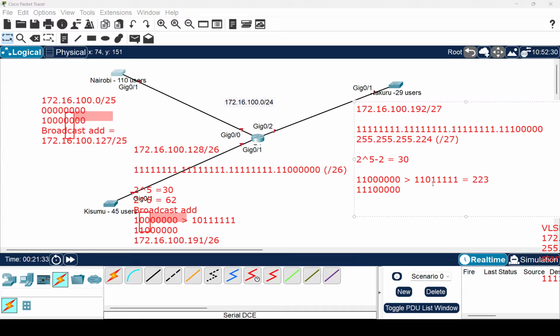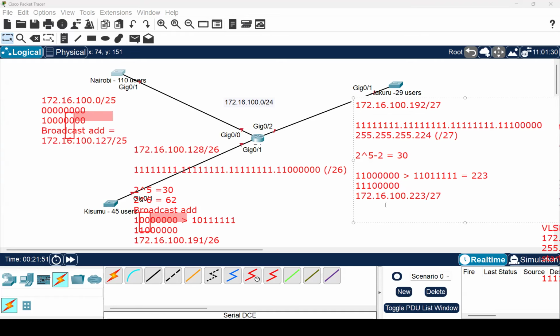So our broadcast for Nakuru will be 172.16.100.223/27. And we have worked out the network for Nakuru.